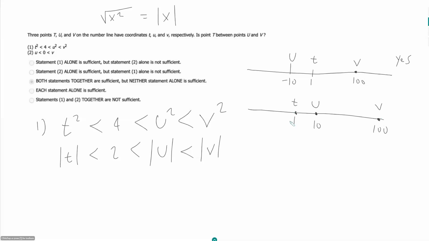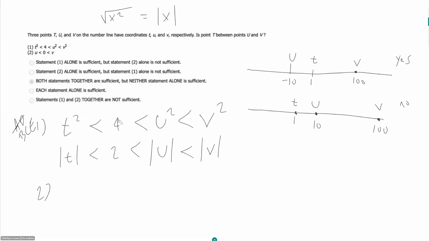So t is still closer to 0 than both u and v, and u is still closer than v is. But t now is on the outside, so we have a no. So that makes statement 1 insufficient.